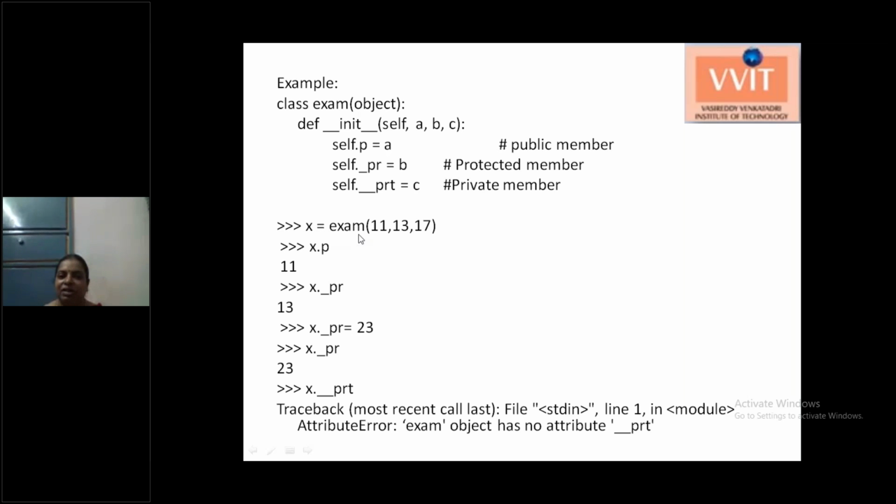Here we create an object, x equal to exam, sending the 3 values 11, 13 and 17: 11 for the A variable, 13 for B, and 17 for C. Now I'm trying to display x.p. Since we are accessing from outside the class, outside its indentation, we use the object of the class dot the variable. p is a public variable, so you are able to access it and display the 11 value.